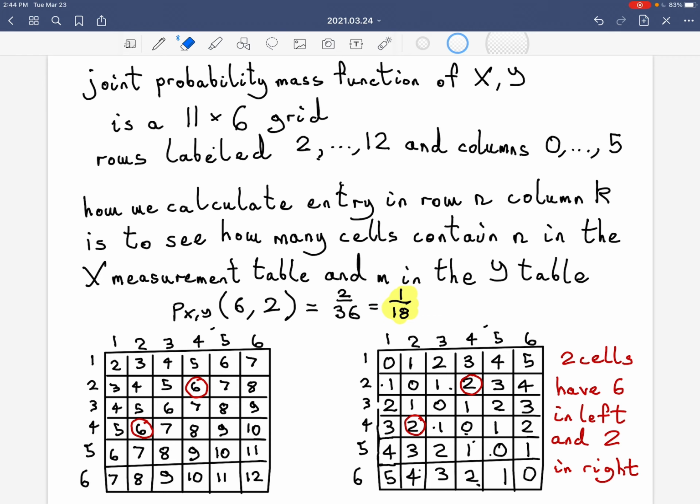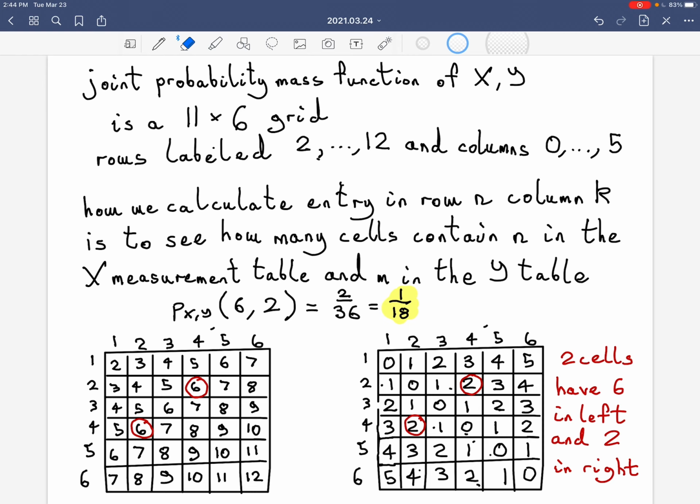So I need to pick a pair of values where the left coordinate is a possible value of x and the right coordinate is a possible value of y. So I've just arbitrarily chosen 6 and 2 because 6 is an example of a number between 2 and 12 and 2 is an example of a number between 0 and 5.